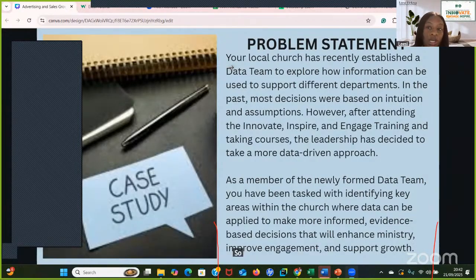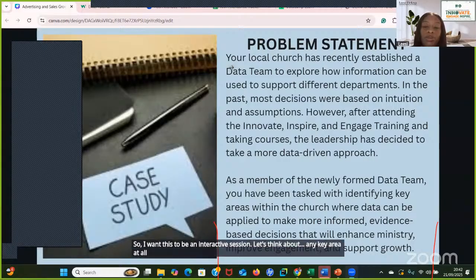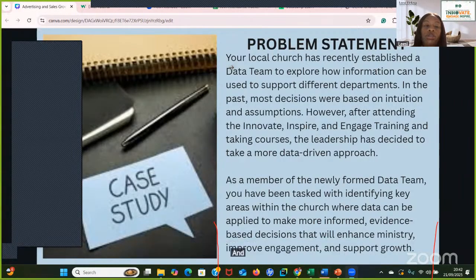So I want this to be an interactive session. Let's think about any key area at all in any department and tell me practical steps as a data analyst in the making, or as someone who wants to use data analysis, or even as a stakeholder who is considering implementing data in your church. What are the practical steps you can take?